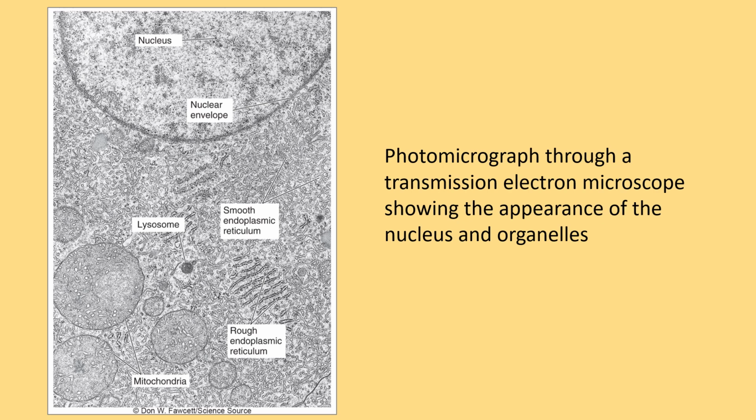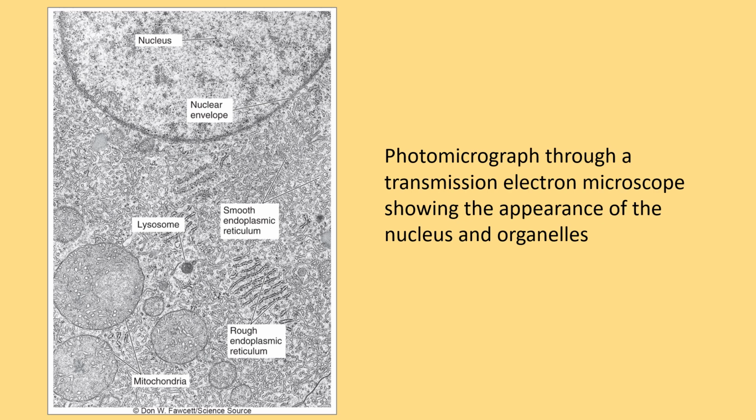And so up top, you can see the nucleus along with the membrane that surrounds the nucleus, sometimes called the nuclear membrane or the nuclear envelope. And then below that, outside the nucleus, we see what's known as the cytoplasm. That's the cytosol, the liquidy fluid inside a cell with all of the organelles and other structures suspended in it.